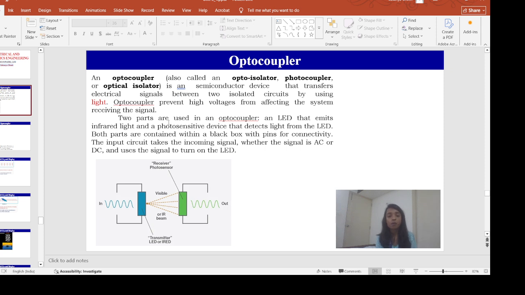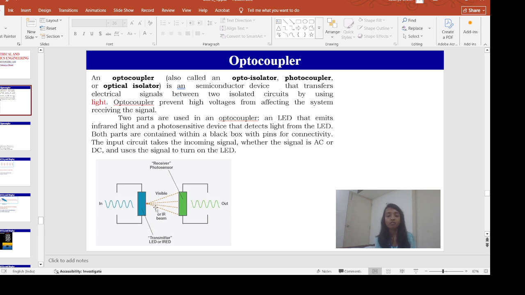So there are two parts that are used in an optocoupler. At the input side or transmitting side, we have an LED. When you give the electric supply to the LED, we know the LED will convert the electricity to light. This is an infrared LED, so this will convert the electricity to infrared light.